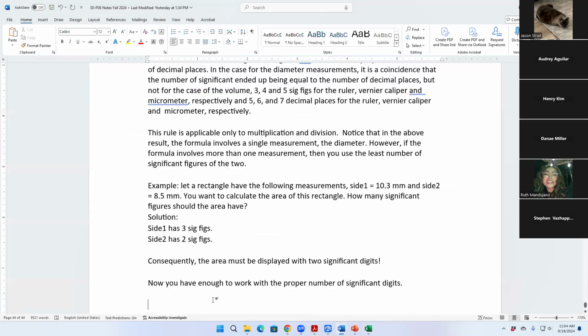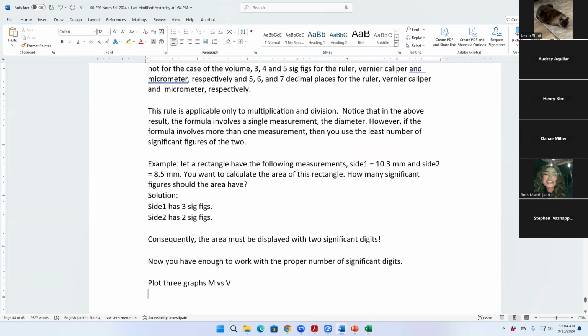So what you should do, plot 3 graphs, right? M versus volume. Fill up the cells with the proper units. Plot the 3 graphs, okay?